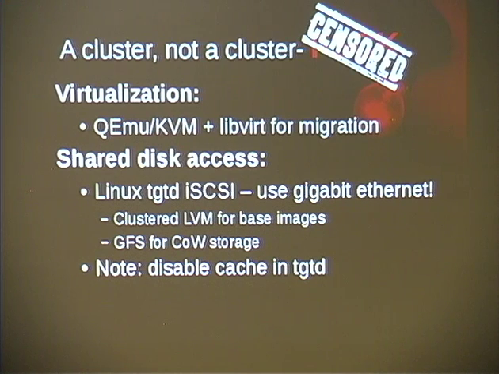You want to make sure you use gigabit Ethernet, because if you're using 100 meg, saving that snapshot to that copy-on-write disk image is going to be slow, and you're going to get impatient. That whole thing of having snapshots saved instantaneously over shared disk, it's a trade-off. It's not quite as fast, but you get the benefits of being able to shove that VM around to any system that you want.